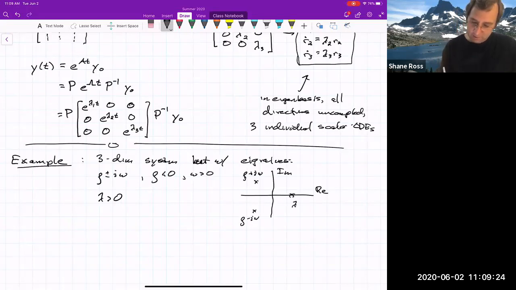So the complex conjugate pair gives rise to a complex eigenvector, which is E1 plus i E2. E1 and E2, what we're going to use is our generalized eigenvectors. And corresponding to lambda is E3.